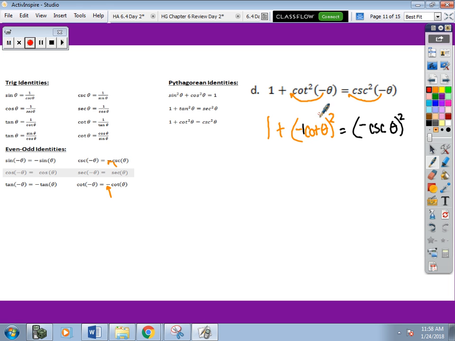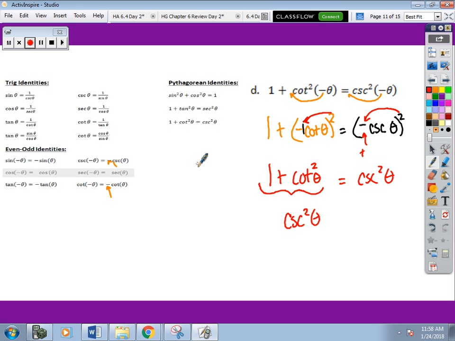So whenever I square a negative 1, it just becomes a positive 1. So I end up with 1 plus positive 1 cotangent squared theta. Again, squaring the negative 1 makes this a positive. And if you notice, that is your identity. So since 1 plus cotangent squared equals cosecant squared, I will take this, replace it with cosecant, because this equals cosecant squared, and I'm done. Cosecant squared equals cosecant squared.